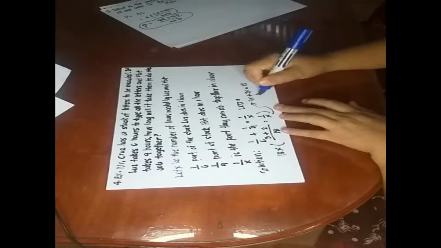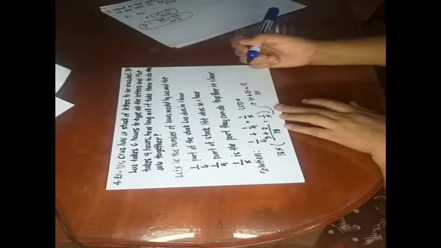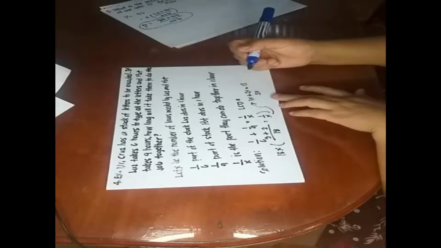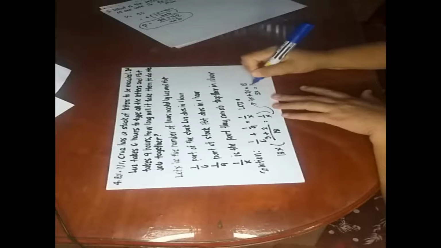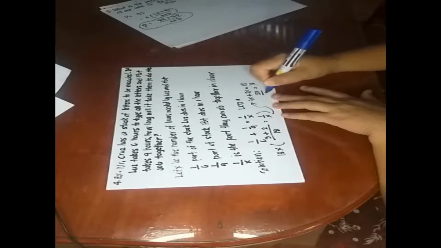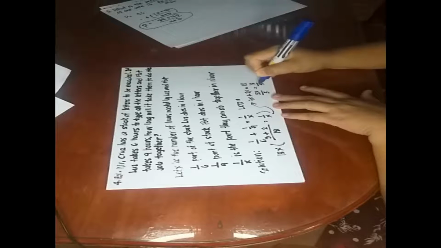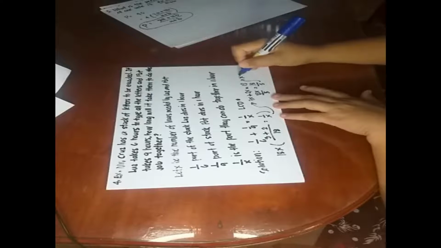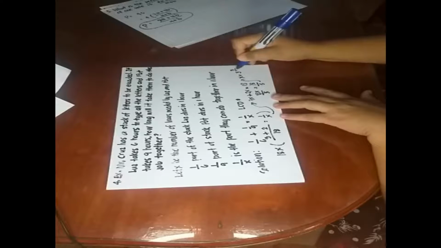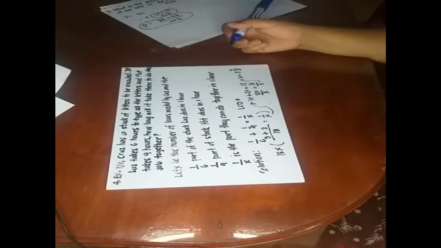So 5x equals 18. To remove 5, divide by 5. What is left is x equals 18 divided by 5 is 3 and 3/5.